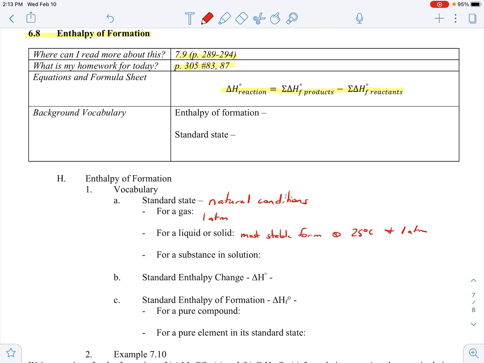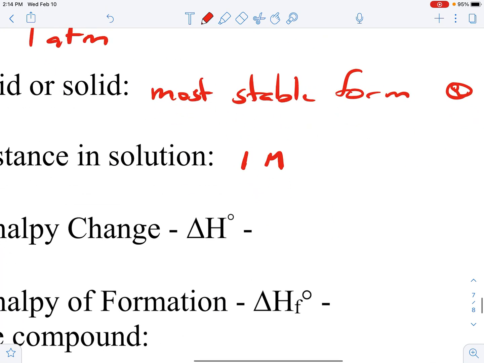For a substance in solution, this is talking about a 1 molar solution. We have 1 mole dissolved in solution. Now, standard enthalpy change. So we've got delta H with the knot. That little knot right there is standard state. That tells us we are at standard state.